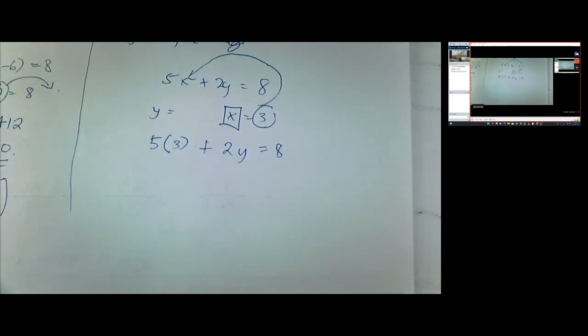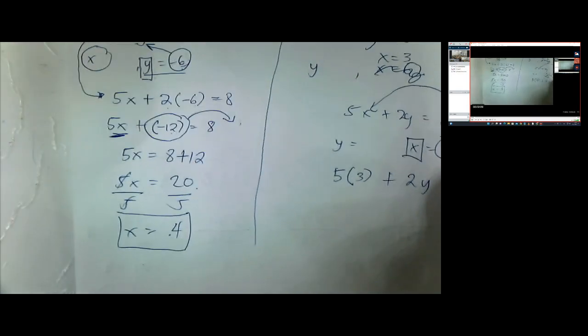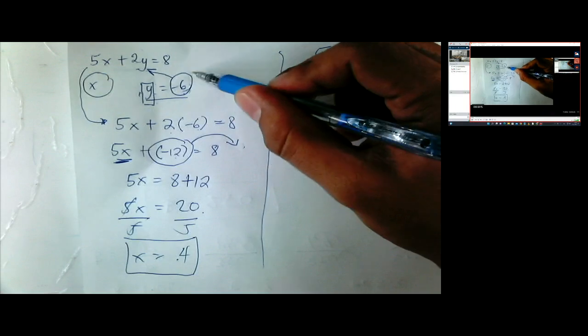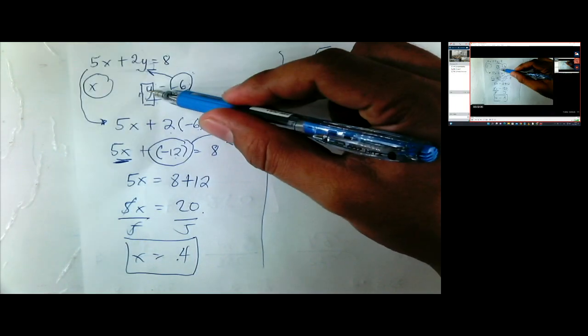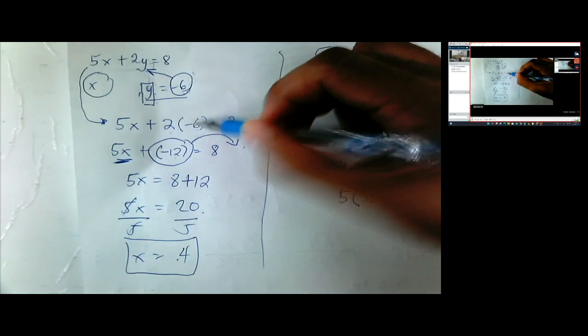Do you understand the process? Now, again, earlier, this was the value of our y. We had y equal to negative 6, so we switched it to that y. This y will become negative 6. And you're just going to multiply.